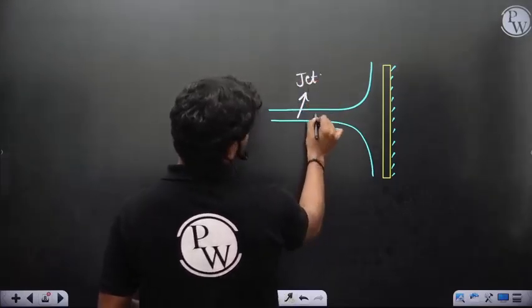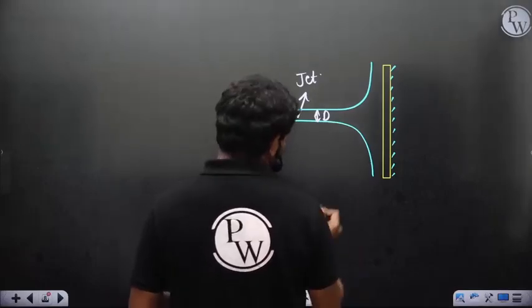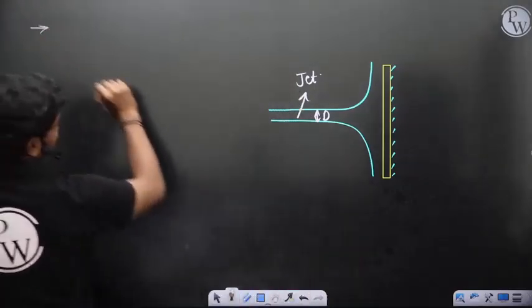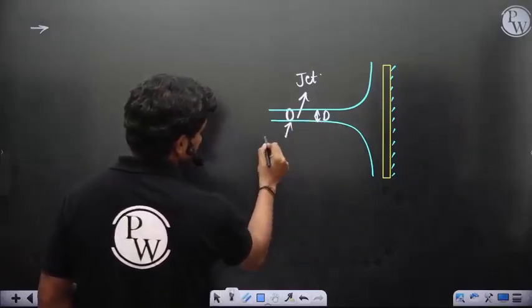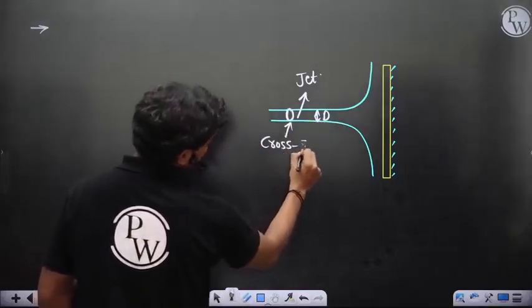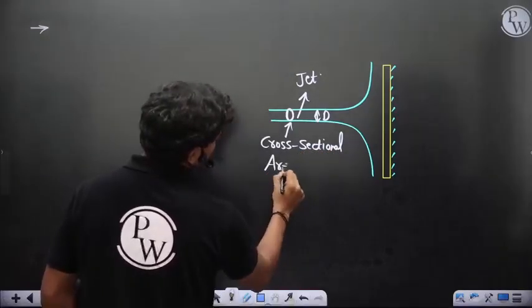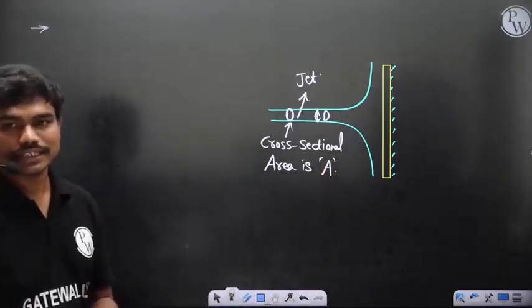So the diameter of the jet is given, suppose capital D at steady state. Okay, then I'm asking you a simple question, this diameter is D, or let's say cross sectional area. So cross sectional area is this actually here.